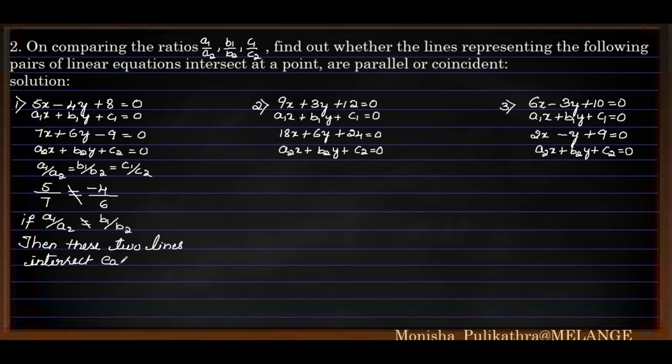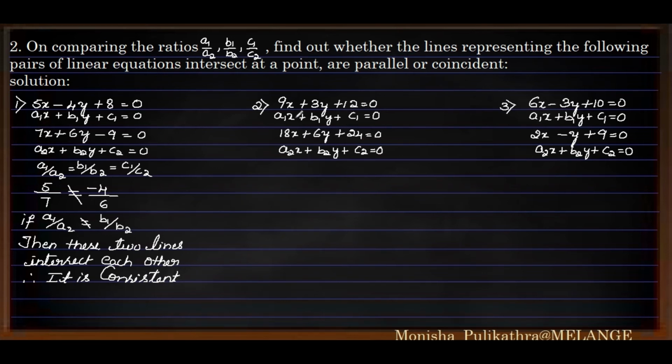So this is an intersecting line, and if it is intersecting, then it is consistent. Okay, it is consistent. So this is the way you have to do the problem.